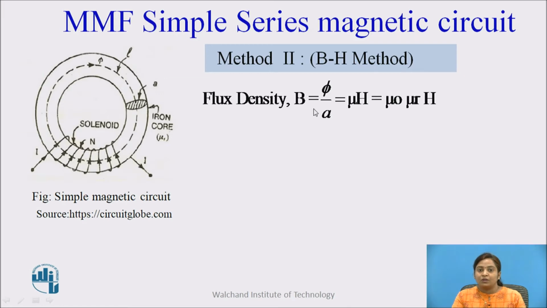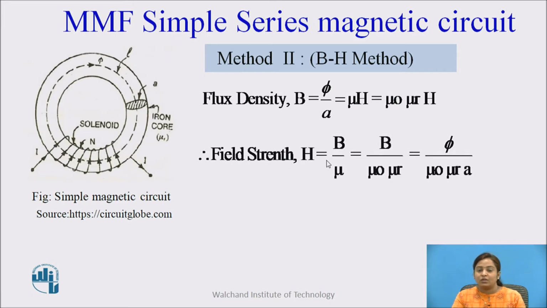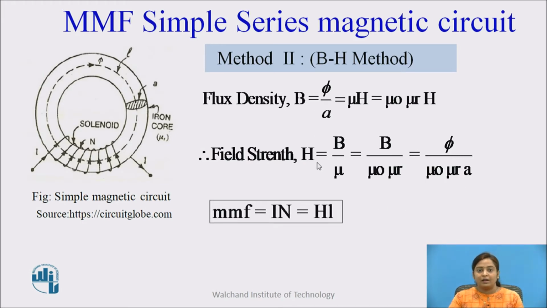So flux density can be defined as flux by cross sectional area, or it is equal to mu into H. Okay, and field strength H is defined as B by mu, which is equal to B by mu 0 mu R, which is equal to phi by mu 0 mu R into A. Okay, so if we use this B and H, then from that we can calculate the MMF, which is equal to I into N, which is equal to H into L, that is the mean length of the magnetic core L.